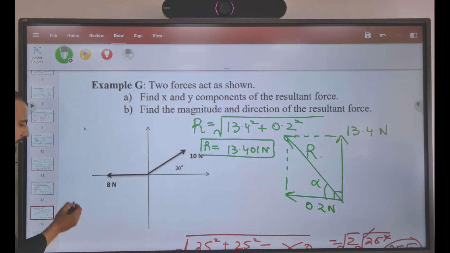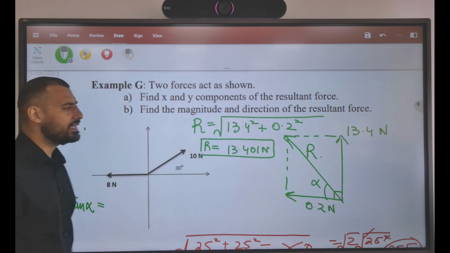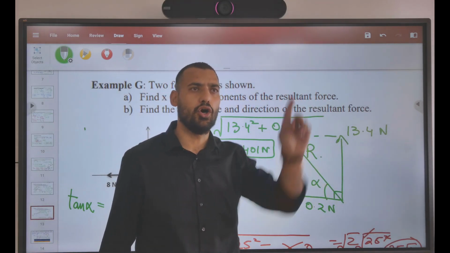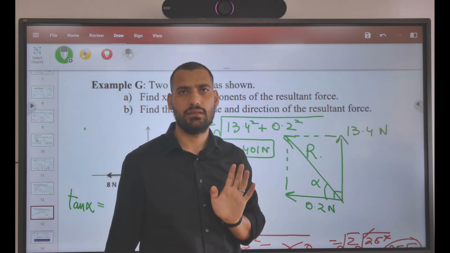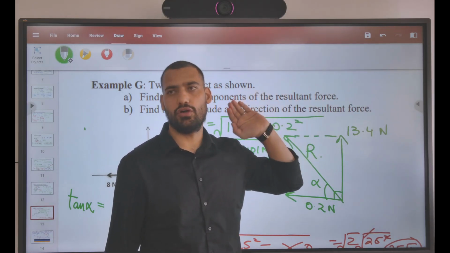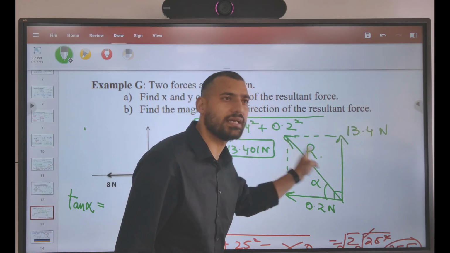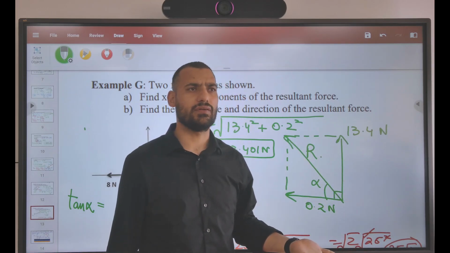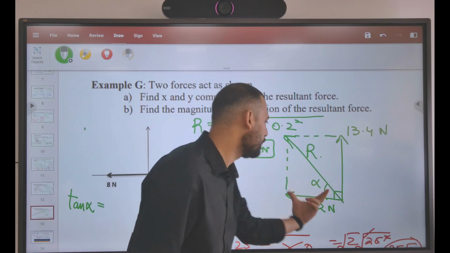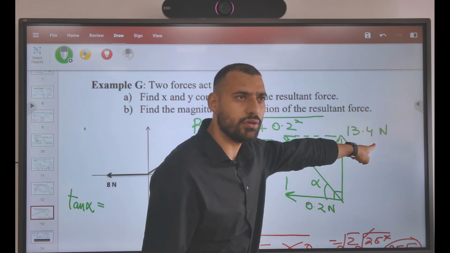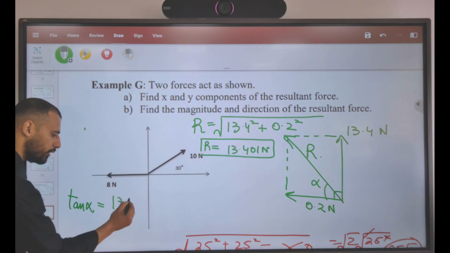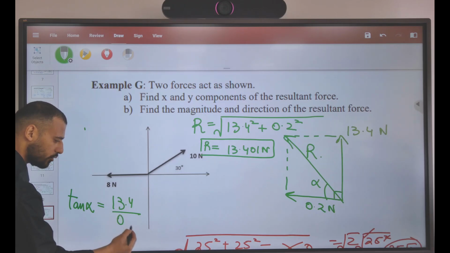So if you have to find tangent of alpha, see, tangent of any angle is perpendicular by base, opposite by base, isn't it? We can use the formula that we already know, but this is a right angle triangle, right? In a right angle triangle, simply use tangent of alpha, which is perpendicular upon base. Perpendicular is 13.4, base is 0.2. So you can simply divide 13.4 by 0.2.